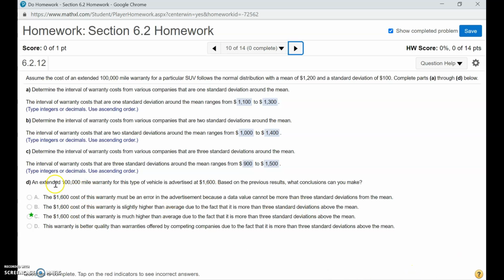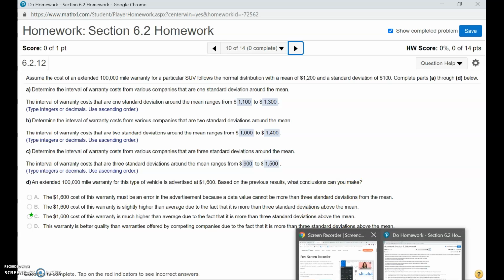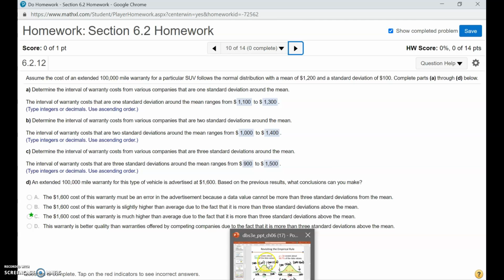It says an extended 100,000-mile warranty for this type of vehicle is advertised at $1,600. Based on the previous results, what conclusion can you make? Let's look at where 1,600 would be.